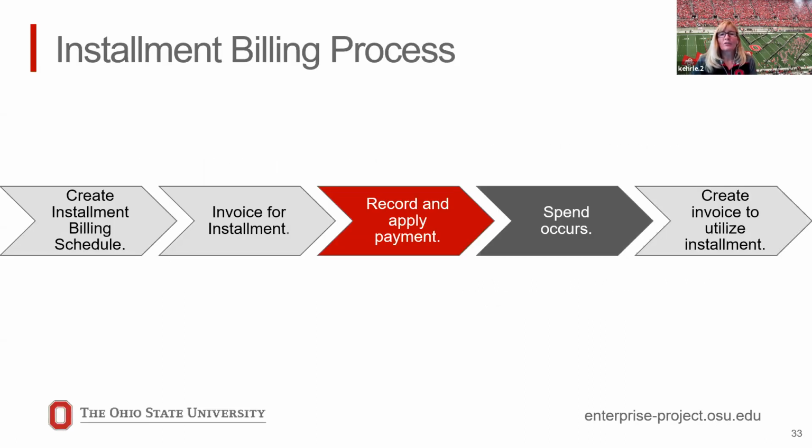The high-level overview of installment billing is that once an award is funded and the sponsor says they will send funds based off of that specific schedule, an installment billing schedule is created. There are important items as part of the setup that must be complete so that billing occurs appropriately.